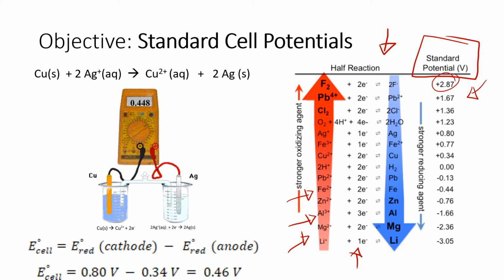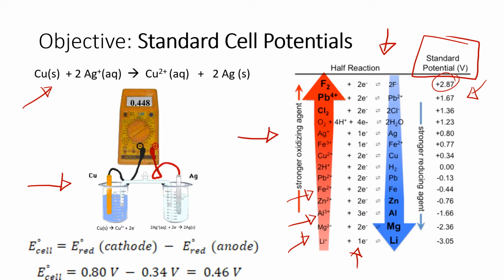Okay, so here we're back to that net equation that we showed at the very beginning, right? And this net equation had to do with this electrochemical cell that we're displaying here. How do we actually calculate the overall standard cell potential using these standard values that already exist?